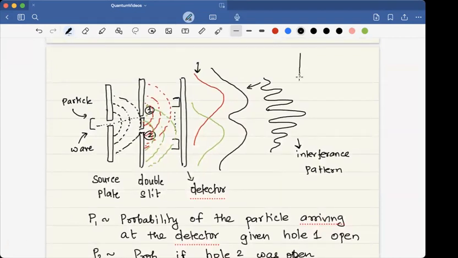If I look at the front view of this, you will get essentially these fringes which are alternating dark and light fringes. So you will get some pattern which looks like this. So this is the interference pattern.